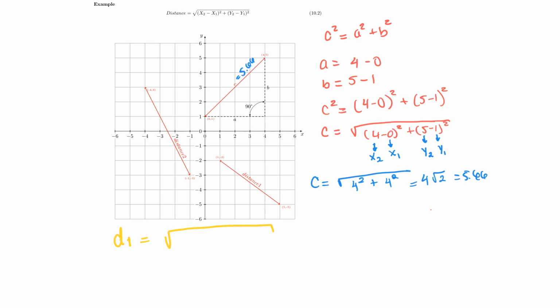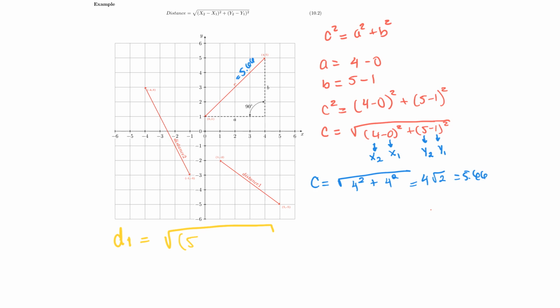You can call them point 1 and point 2, or point 2 and point 1, it doesn't matter as long as it goes x2 minus x1, y2 minus y1. So first the x coordinate of one point and the y coordinate of the same point, and then the x and y coordinates of the second point. Everything has to be in order.